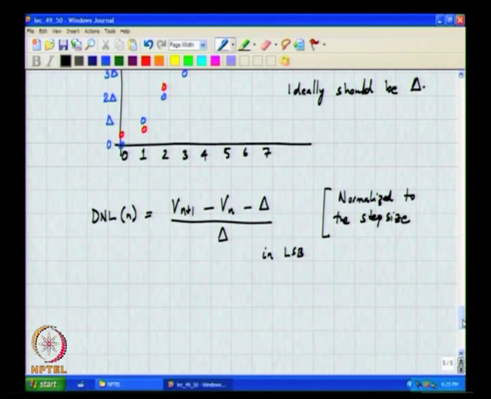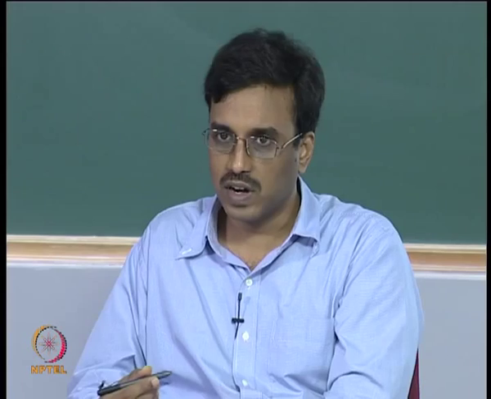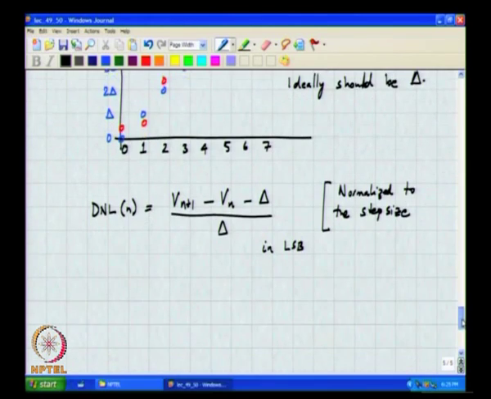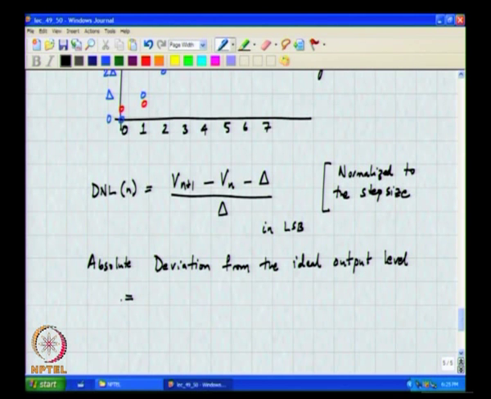On the other hand, the absolute deviation from the ideal output is also of interest, and that is simply V n minus n delta, and again it does not make sense to talk about absolute deviation as a dimension quantity, right.